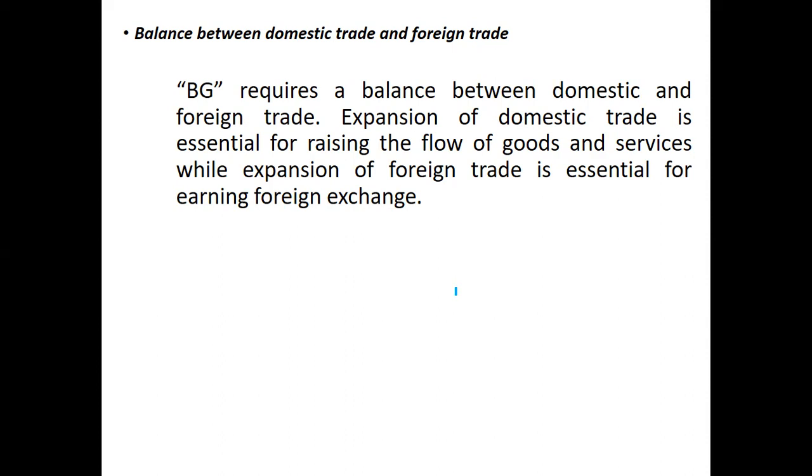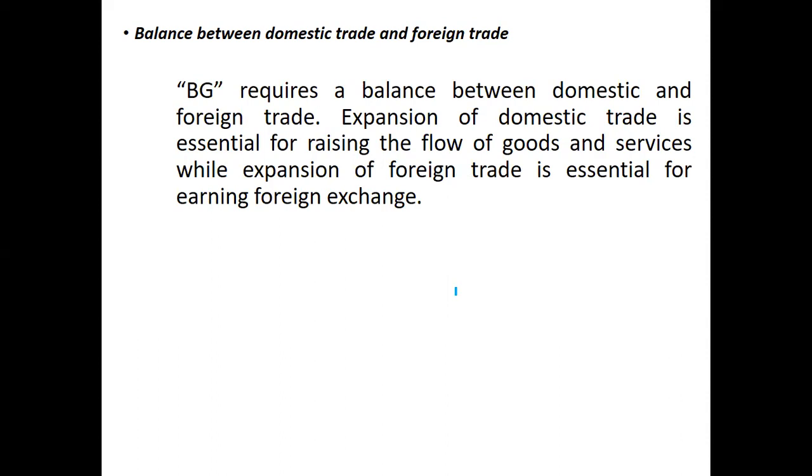So, to ensure that goods and services flow between different parts of the country, you need the expansion of domestic trade. As domestic trade is expanded, then the demand for commodities by the people residing within the country will get raised, and that will be pushed to the manufacturing sector in the economy.